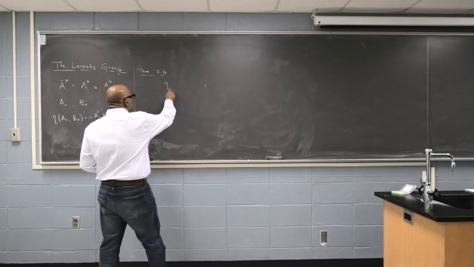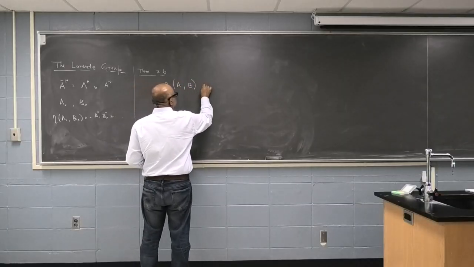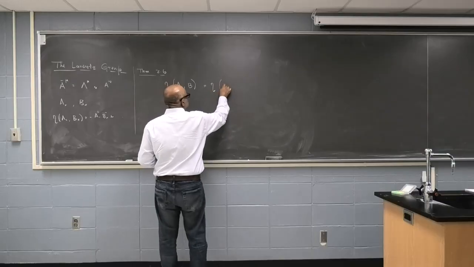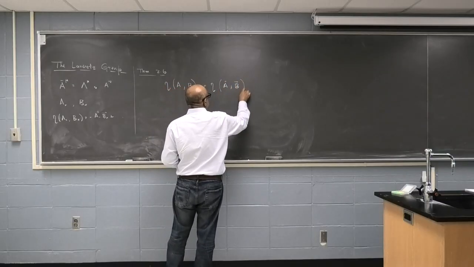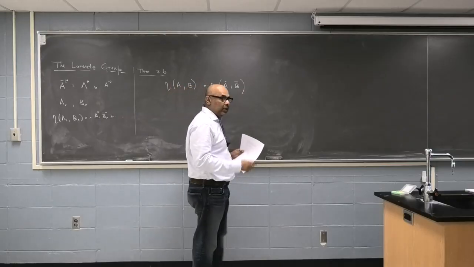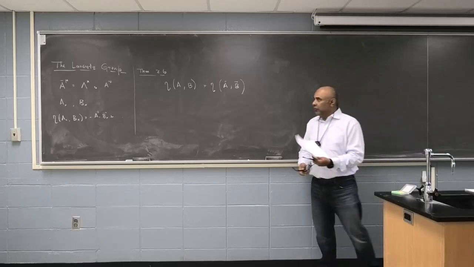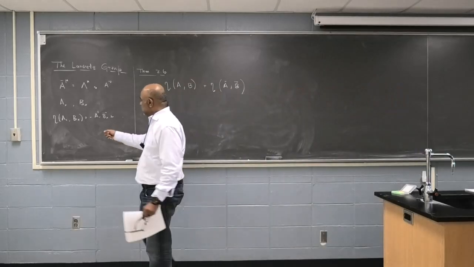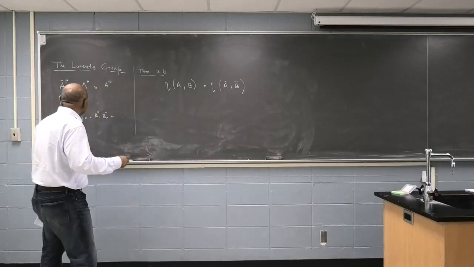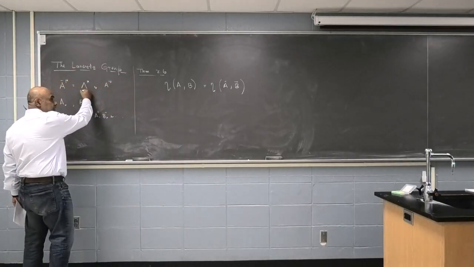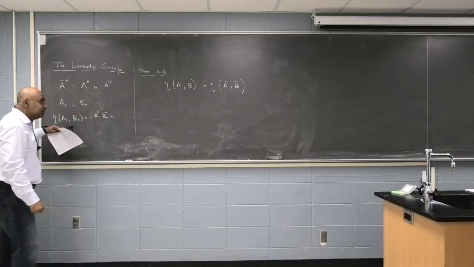Suppose I want this to be equal to: if I take the inner product of 2 vectors using this formula, and then I pick any matrix transformation like this and take the inner product using the same formula.